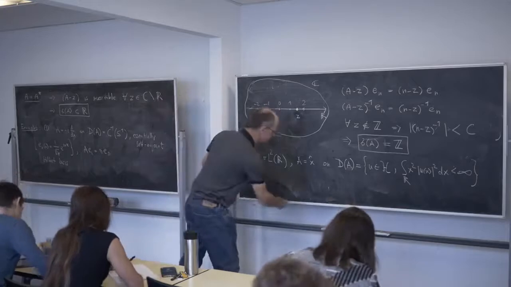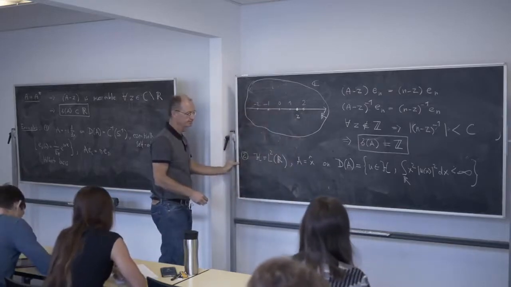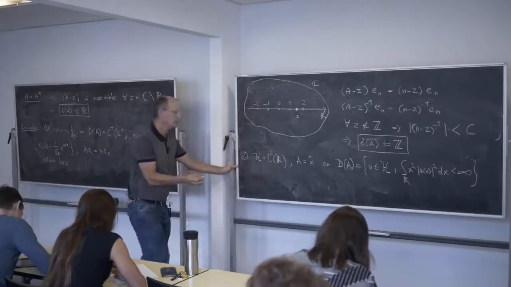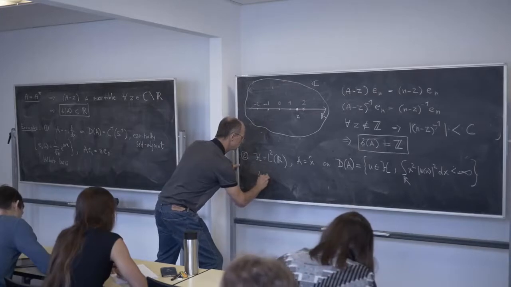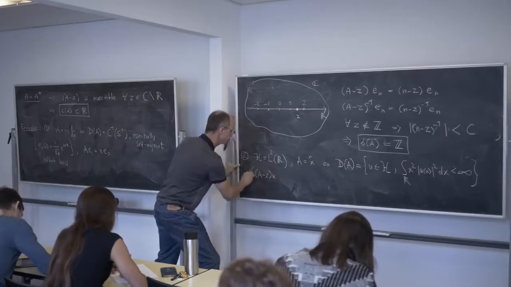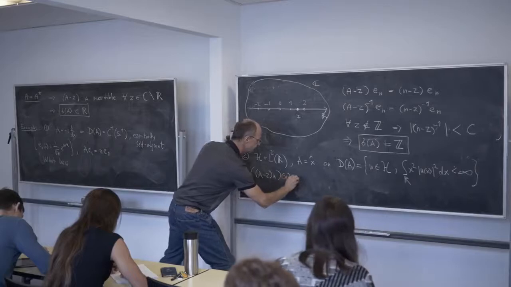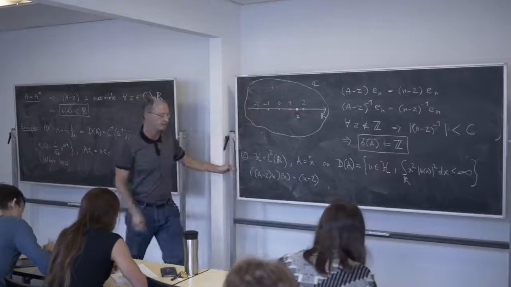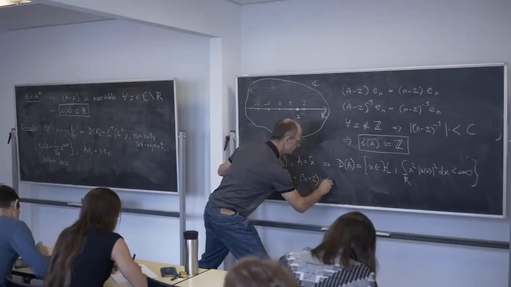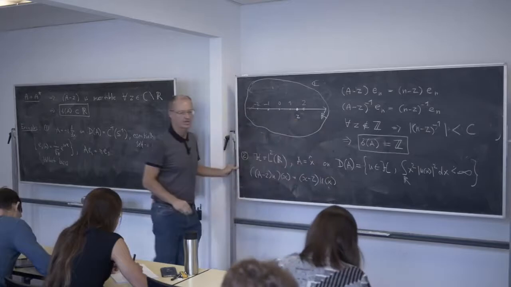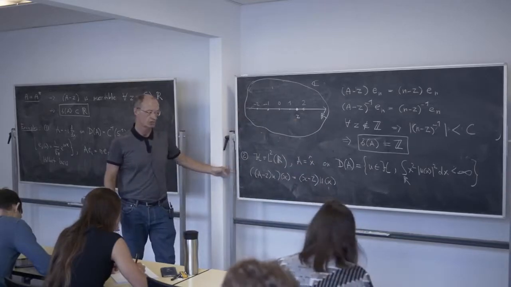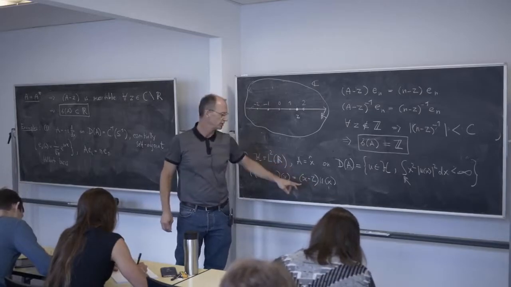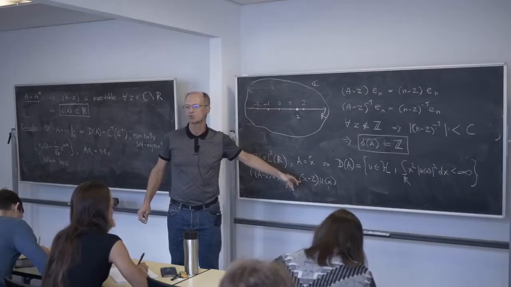Right. Well, now again, we can try to define the inverse. So A minus z acting upon u is simply equal to x minus z times u of x. Again, for all z's outside the real line, the inverse of this is clearly bounded.